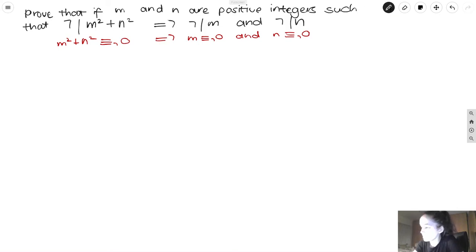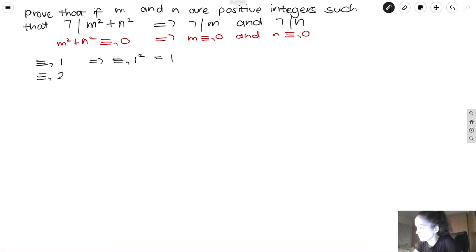So let's look at different numbers, mod 7. So I'm going to make a table. Say we had 1 mod 7, then the number squared would be 1 squared, which is equal to 1.